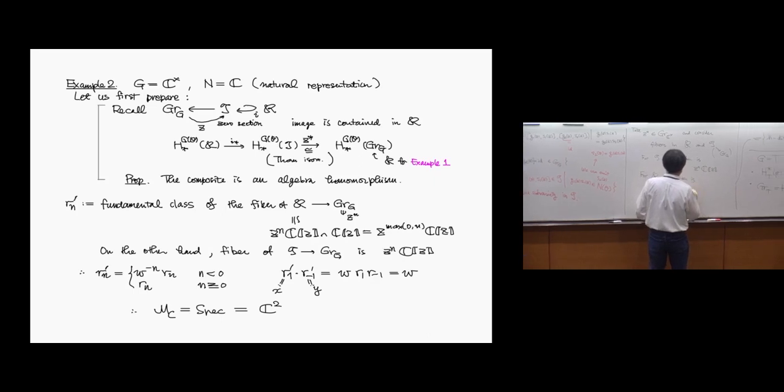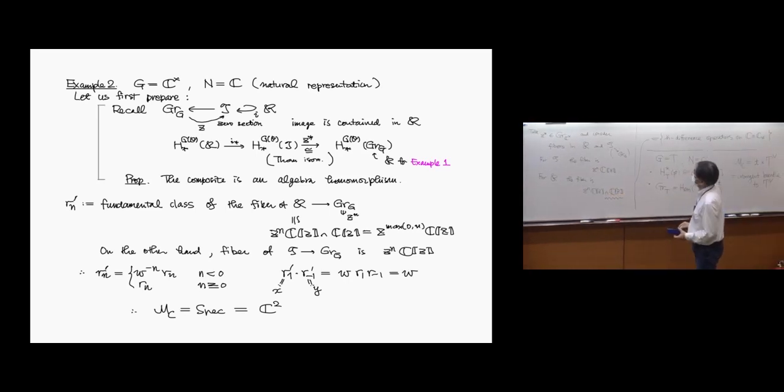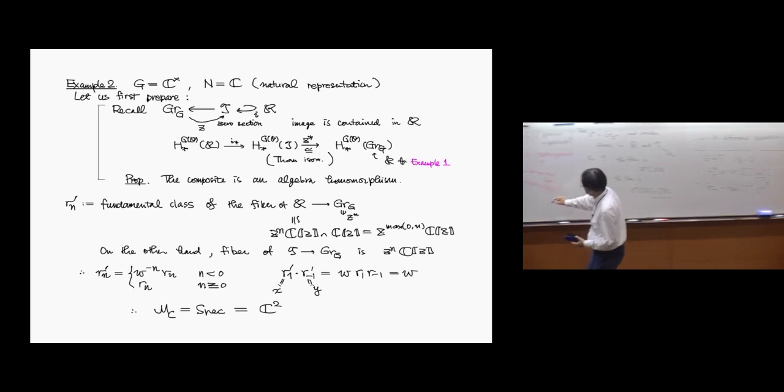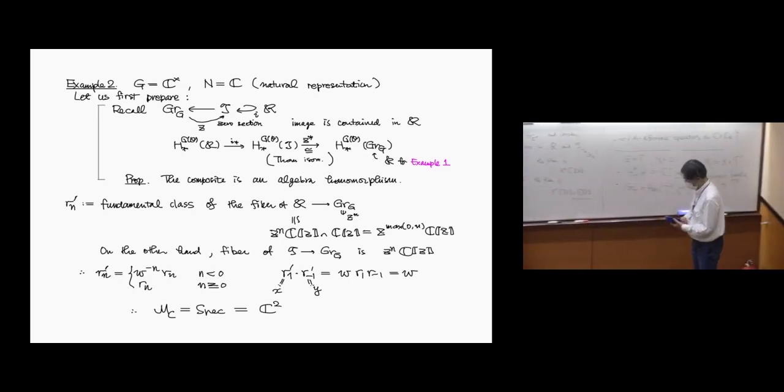So this is G to the N C of D intersect with C of D. Right? So you have this extra condition. So this is exactly what this condition means in this particular example.